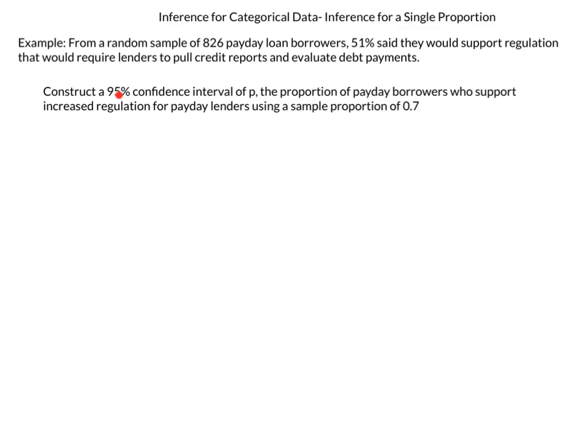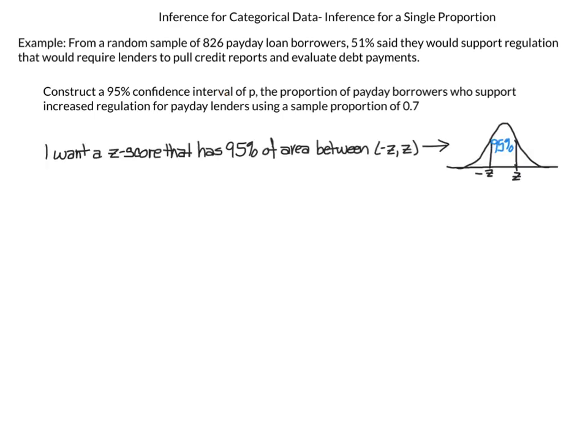We want to construct a 95% confidence interval of P, the proportion of payday borrowers who support increased regulation for payday lenders, using a sample proportion of 0.7. So our P hat is going to be 0.7. The first thing we're going to do, for a 95% confidence interval, is find what z-score is associated with 95% of the data in between.